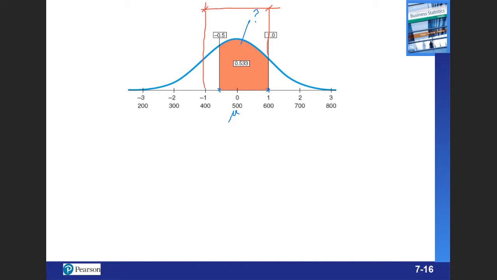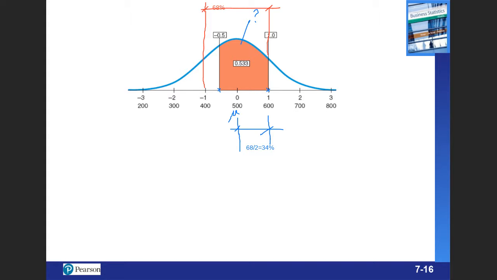Then you're saying take half of that. So let me mark that. That's half of that. Here I'm going to type 68 divided by 2, and you got 34%. Okay, then what? And then we do the part between 450 and 500.